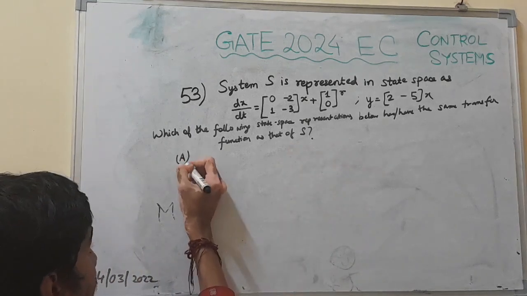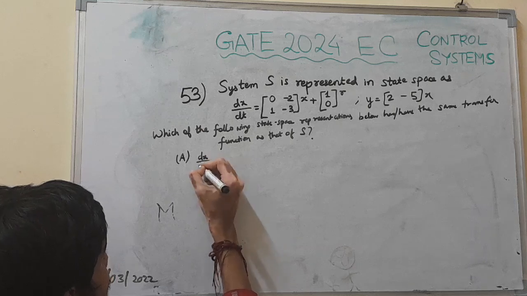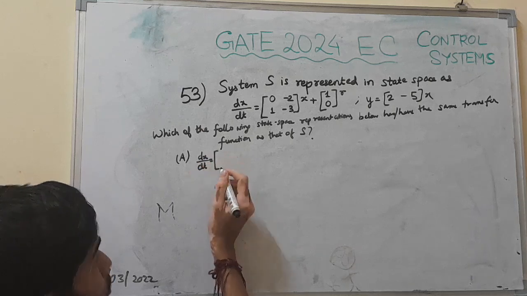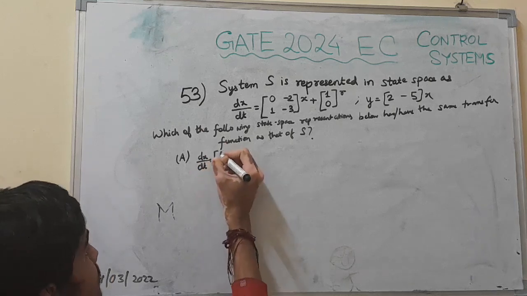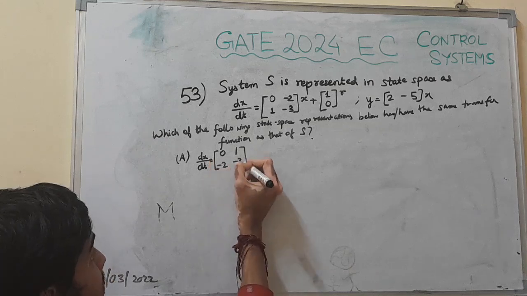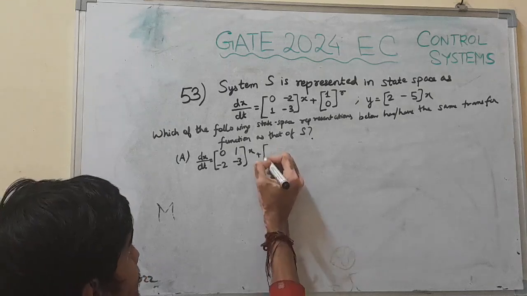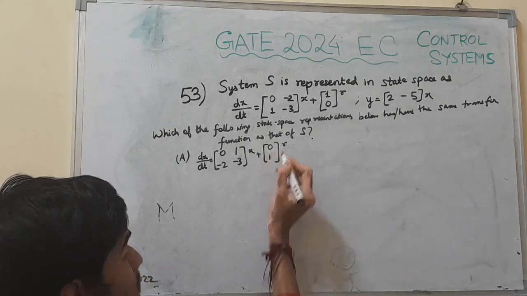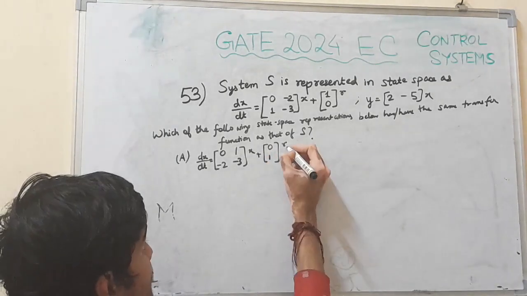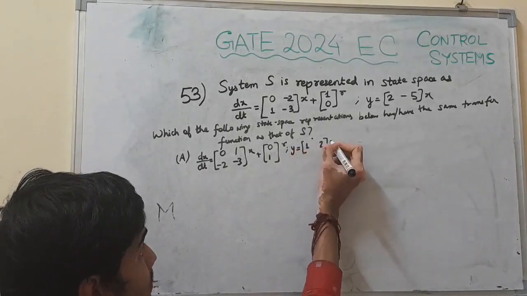Options given are: A, dx(t)/dt equal to [0 1; -2 -3] x plus [0 1]ᵀ r, and y is given as [1 2] x.